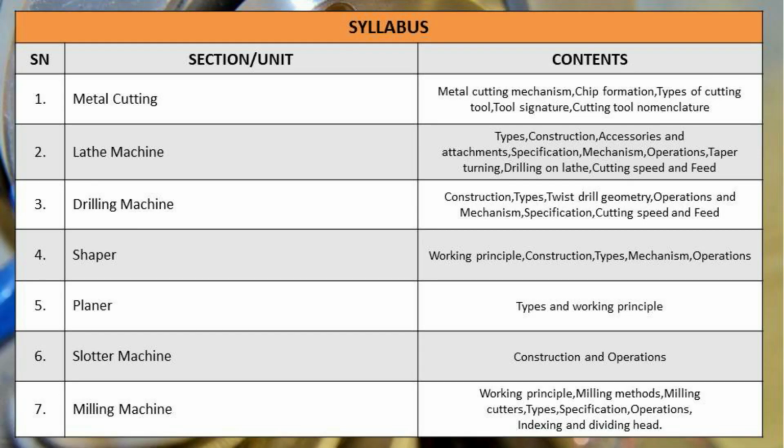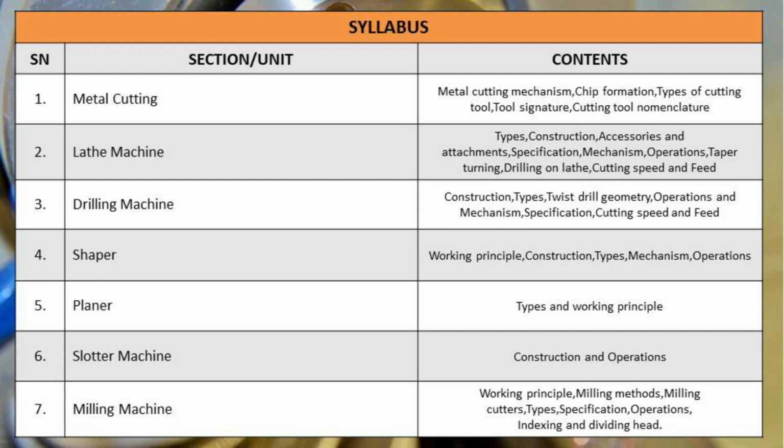Let's understand what the contents of the course are, what the syllabus of this course is. In the first unit, we will understand metal cutting, in which metal cutting mechanism, chip formation, built-up edges, types of cutting tools, types of chips, tool signature, cutting tool nomenclature, and many more will come.